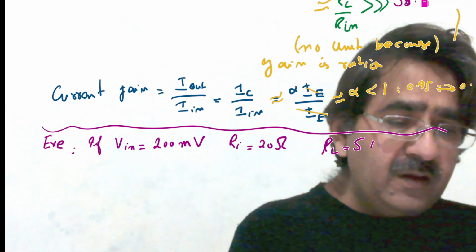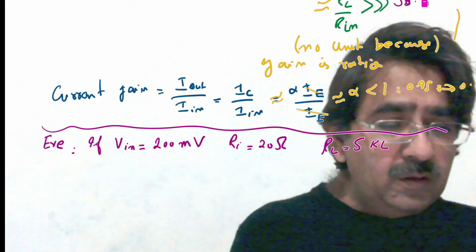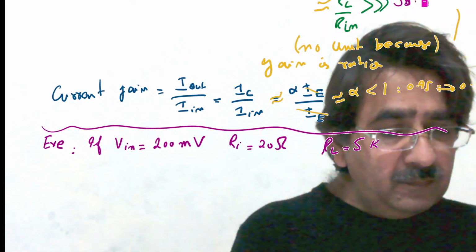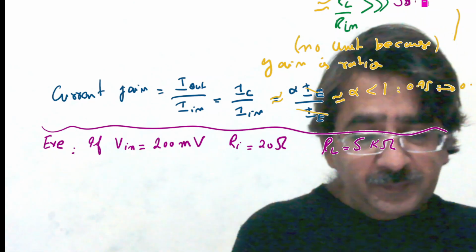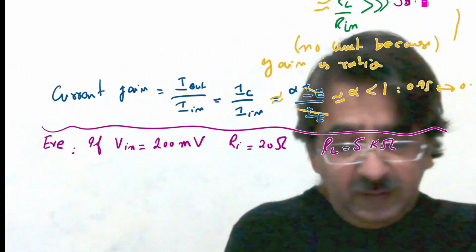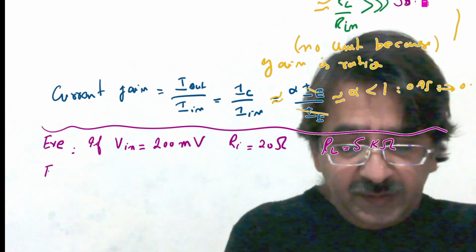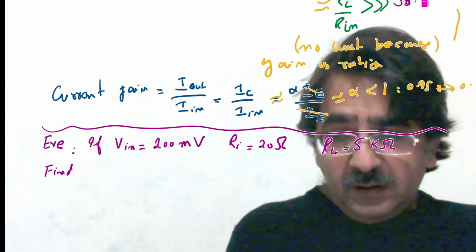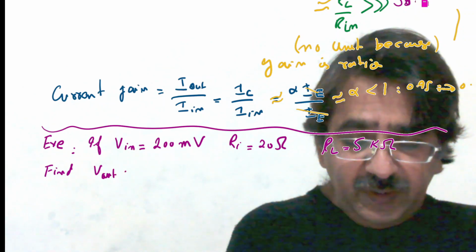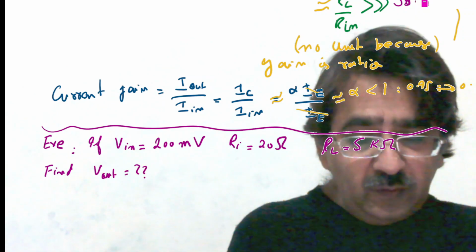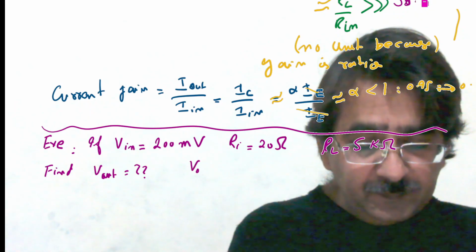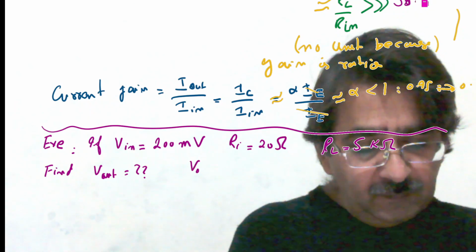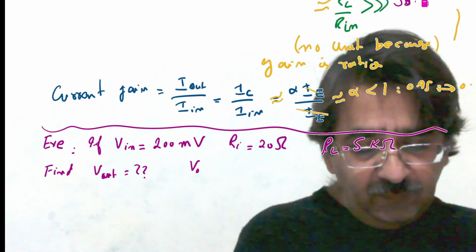Let's suppose that it is 5 kilo ohm. Then find the V out. What will be the V out? And also calculate the voltage gain.